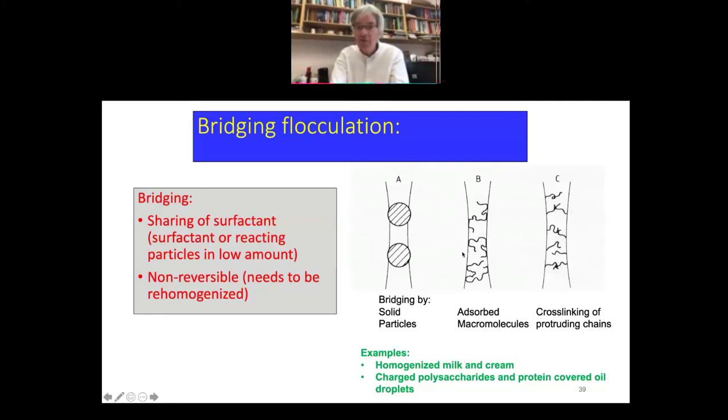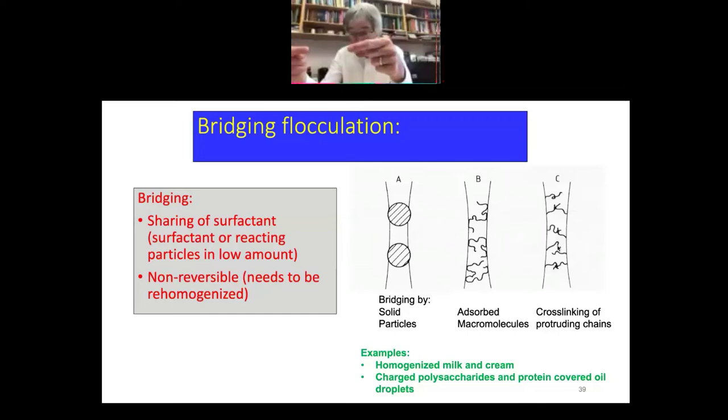And the other way that we can get bridging flocculation is if two of the head groups of emulsifiers interact with each other. And that could also be through bridging, for example, where we would have two negatively charged groups of proteins interacting through a divalent cation bridge.